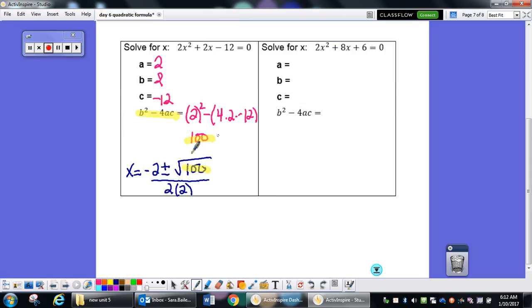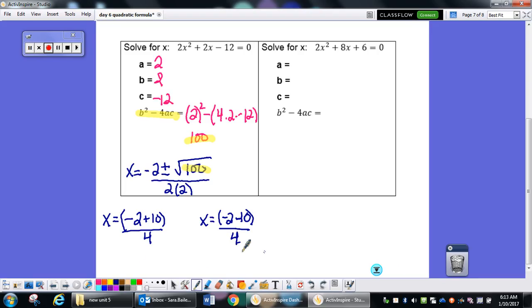Then you're going to get two answers. x equals negative 2 plus 10 over 4, and x equals negative 2 minus 10 over 4. The square root of 100 is 10, that's where that 10 came from.